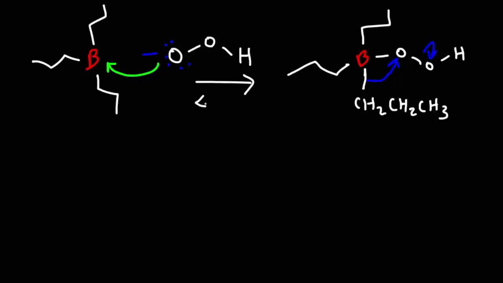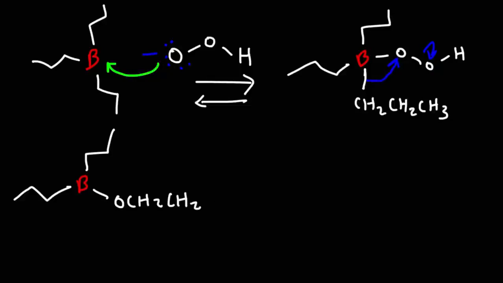By the way, this step is reversible. The previous steps were not reversible. So we're now going to have an oxygen with CH2, CH2, CH3. Now this is going to react with hydroxide.